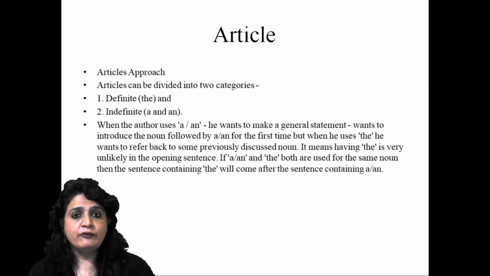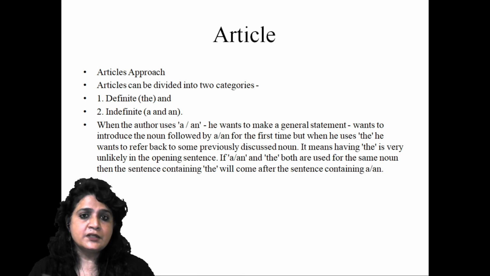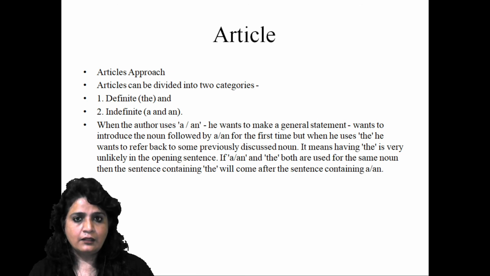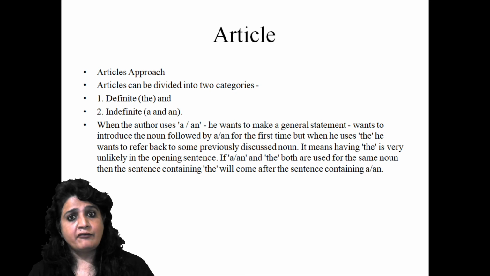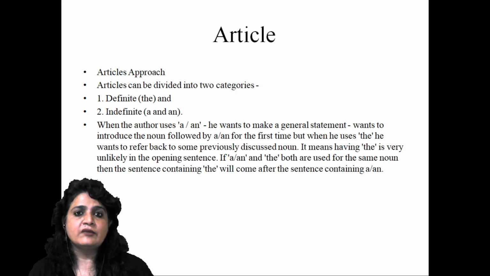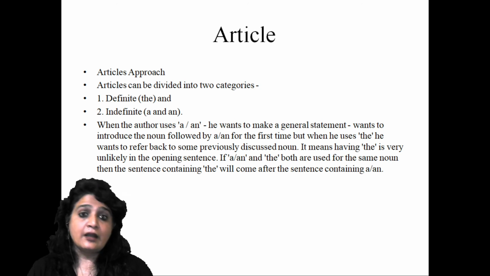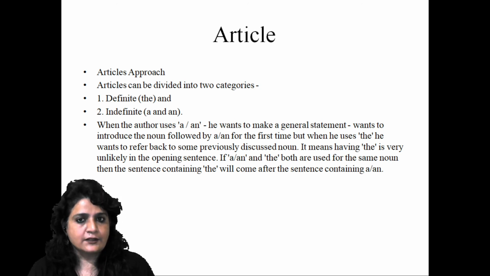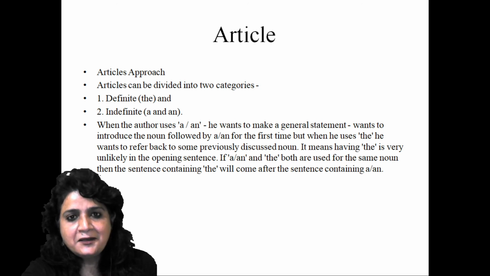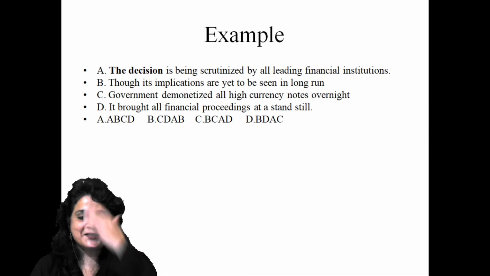So be mindful of those words which are preceded by the definite article, the. That means they have found some reference in a previous statement. If the article is being used before a word, possibly that word has already been referred to. Find that reference in another sentence and then find your answer, right? Easier said than done. Let's try to apply this on this question.